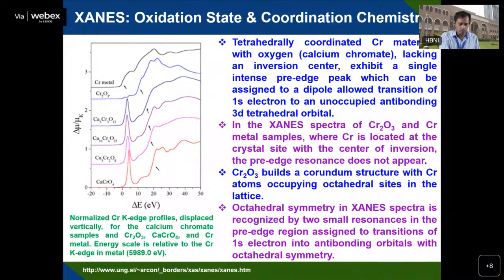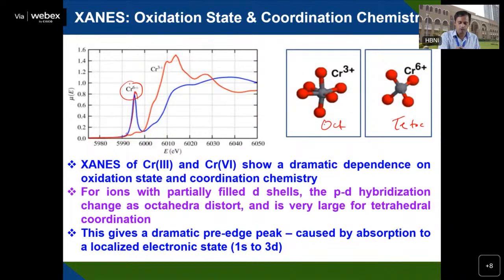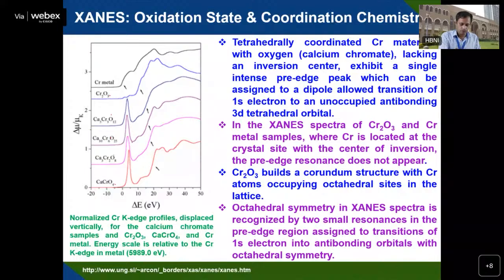There is chromium metal, chromium oxide, and then chromate. See, calcium chromate is here. In calcium chromate, the chromium is mainly oxidized to the +6 state. In the case of +6, you can see a strong pre-edge absorption. But when you go to chromium oxide or chromium metal, the pre-edge absorption is not there. So you can identify whether it is in the +6 state or not.